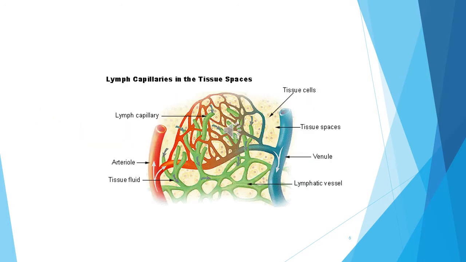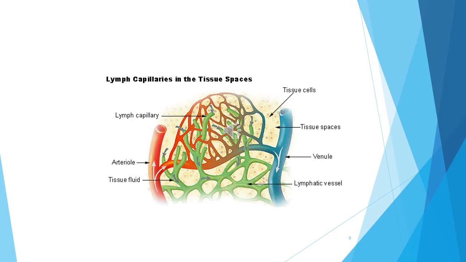In this diagram, we can see the two systems, that is the blood circulation system and the lymph system. Here we can see red colored blood arterioles which lead to the capillary bed and end in the venule, which at the end gets converted into the vein. Now, from the capillary bed, the components of the blood are transferred into the interstitial fluid.